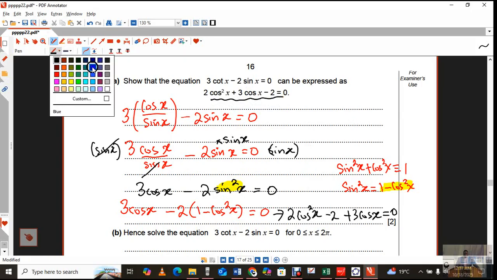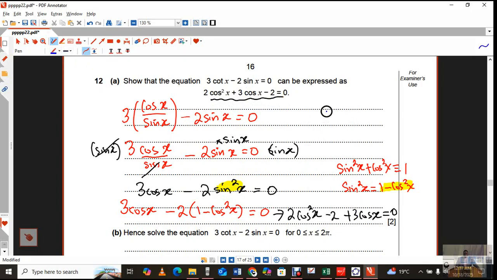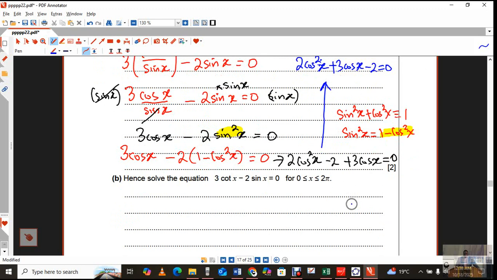Therefore this whole answer is nothing but 2 cos square x plus 3 cos x minus 2. So we have already expressed that in that form. Now they ask us to solve the equation.